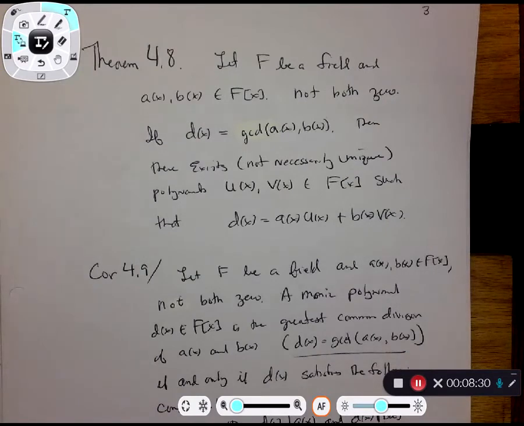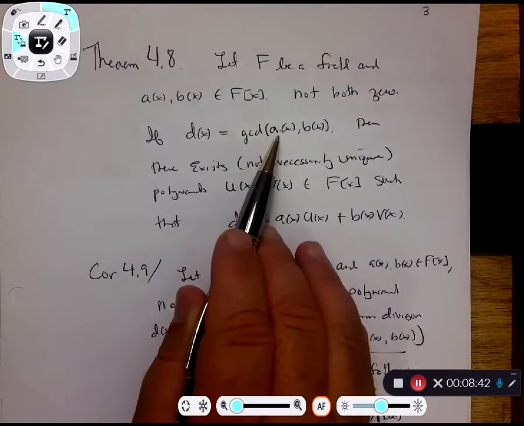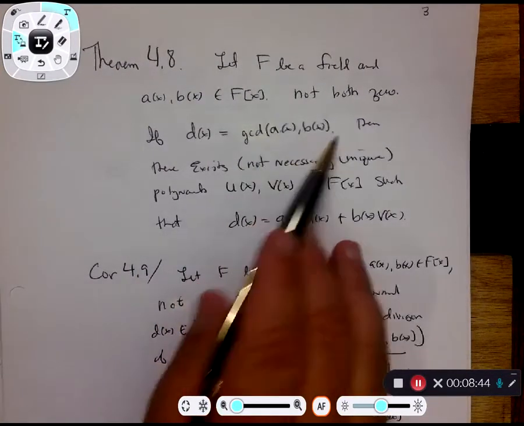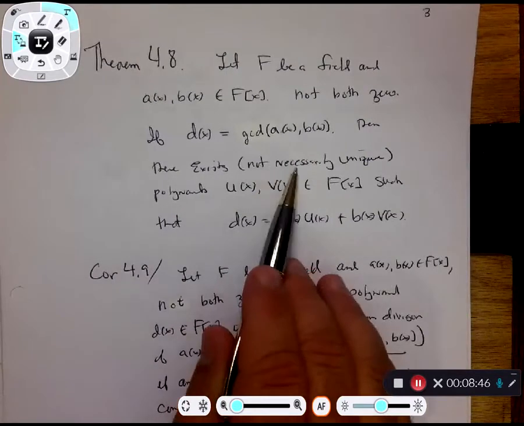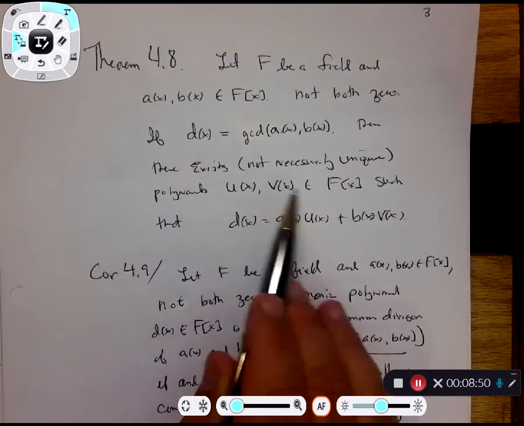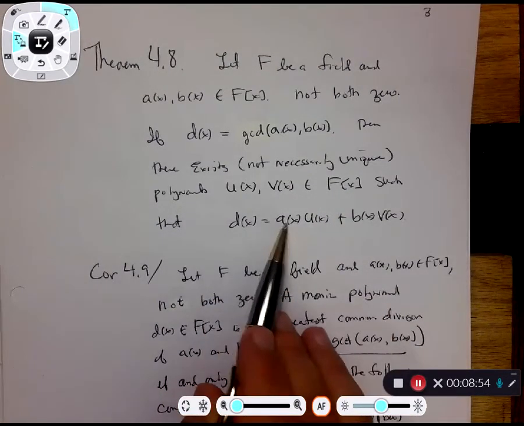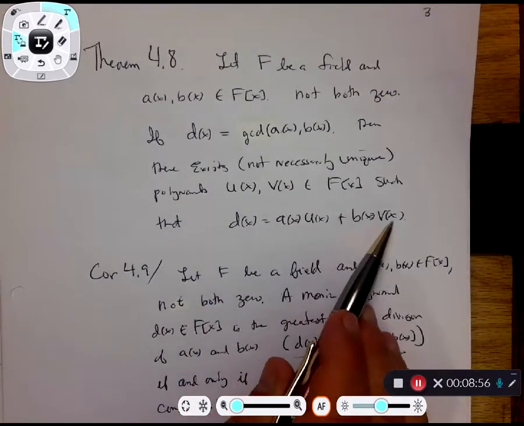Theorem 4.8 says this: let F be a field and A of x and B of x be elements of F adjoined x, not both 0. If D of x is equal to the GCD of A of x and B of x, then there exist, not necessarily unique, polynomials U of x and V of x, elements of F adjoined x, such that D of x is equal to A of x times U of x plus B of x times V of x.